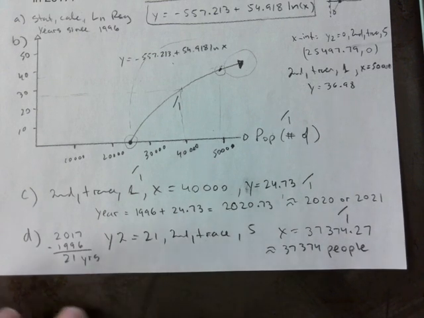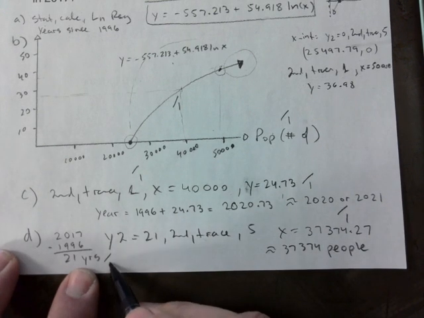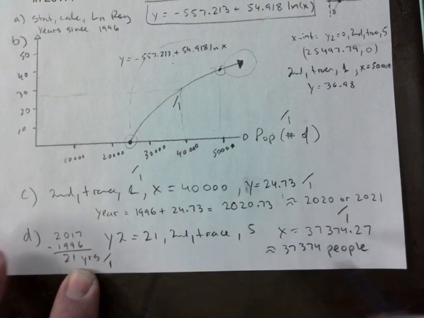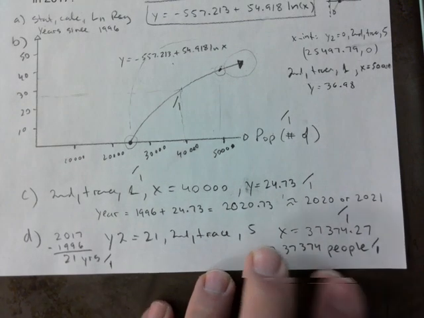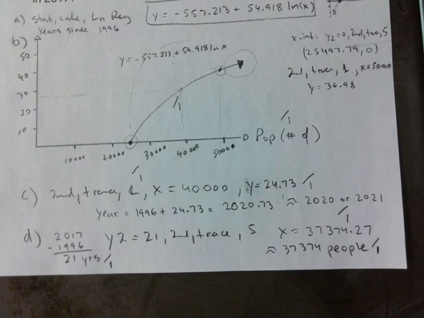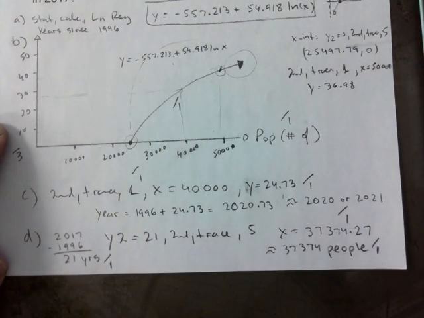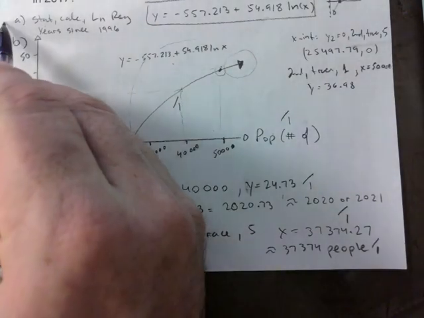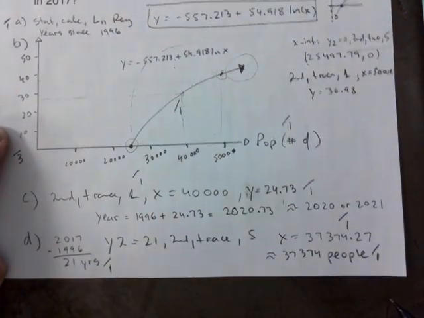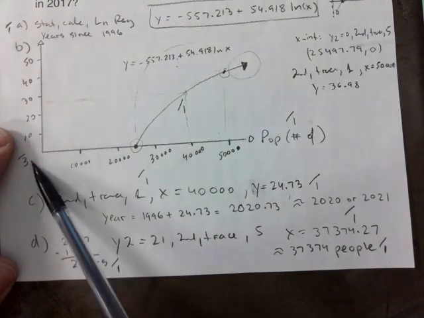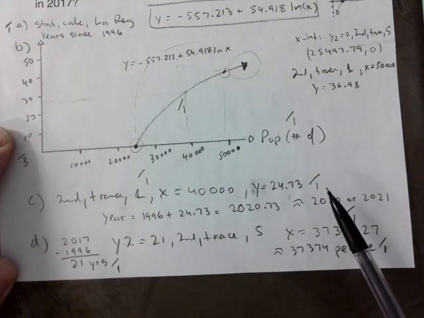Okay. I would give you 1 mark for figuring out the 21 years, and then another mark for coming up with the total there. The graph was worth 3 marks, and the equation was worth 1 mark. So we are at 1 and 3 is 4, 5, 6, 7, 8.